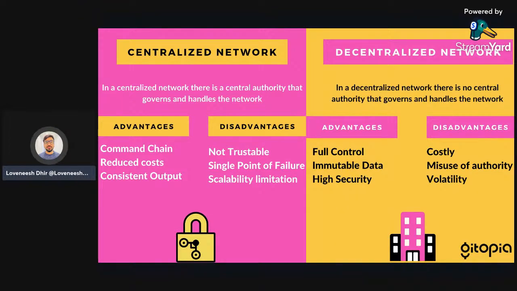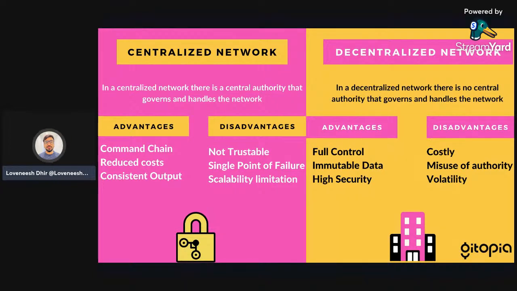The second advantage of decentralized networks is immutable data. What I mean by immutable data is that the data cannot be altered or deleted.